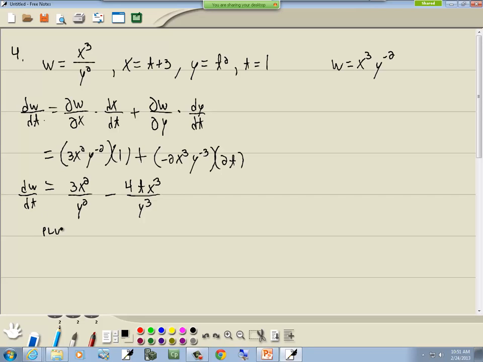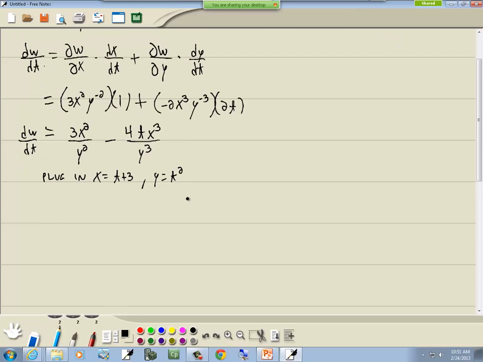We want to plug in x is equal to t plus 3 and y is equal to t squared. So, excuse me, x is t plus 3, so this becomes t plus 3 squared over y squared.